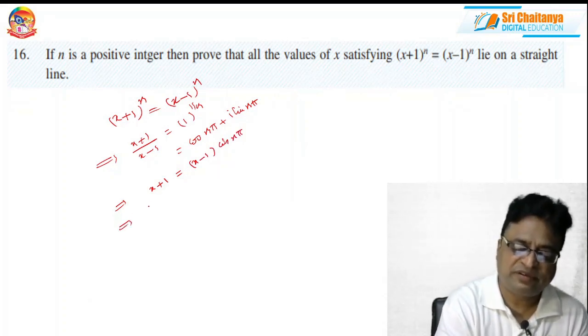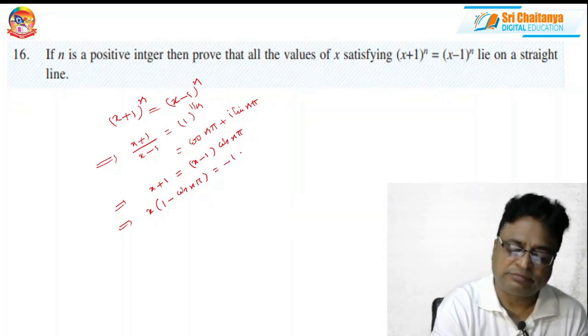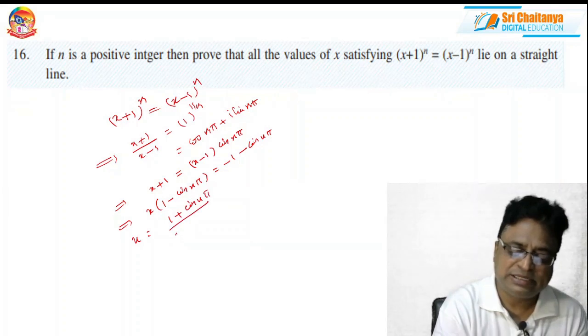So this implies x into (1 minus cis n pi) equal to minus 1 minus cis n pi. Therefore, what is my x? (1 plus cis n pi) by (cis n pi minus 1).